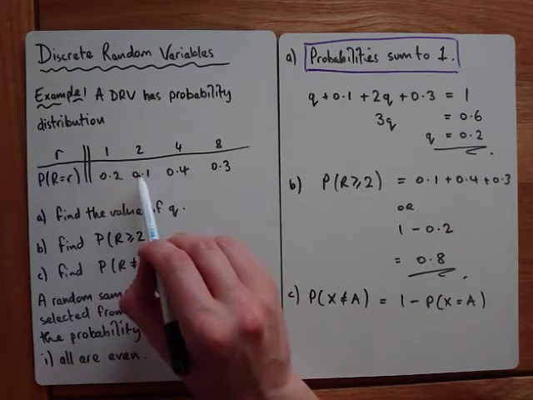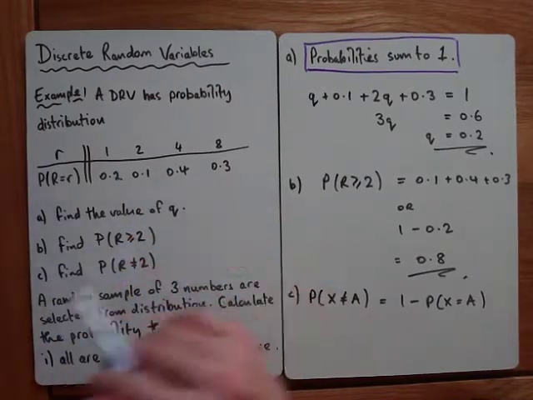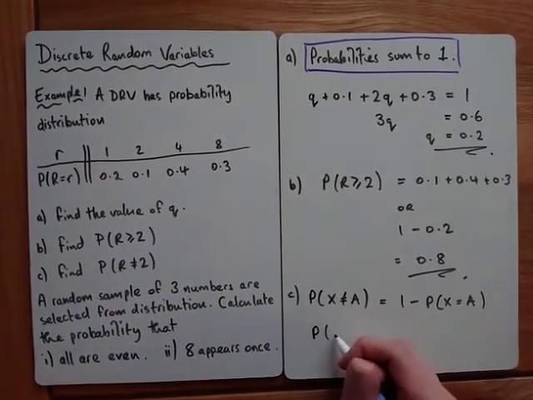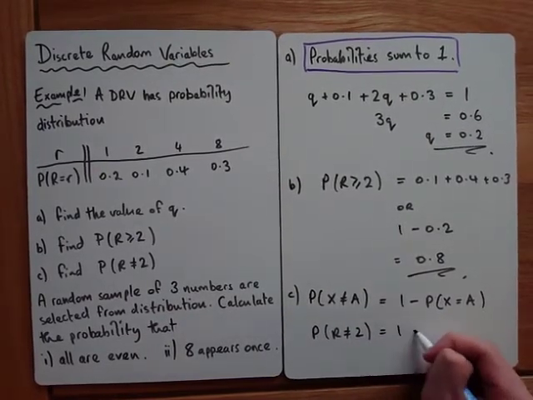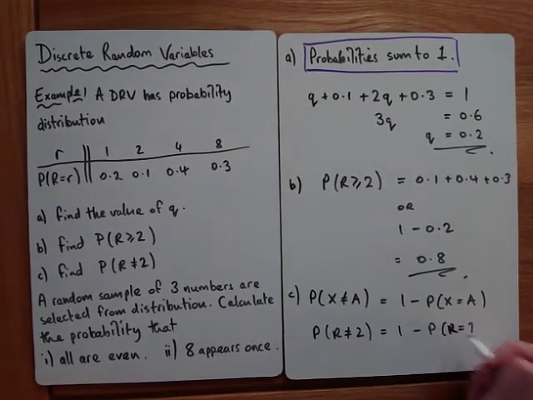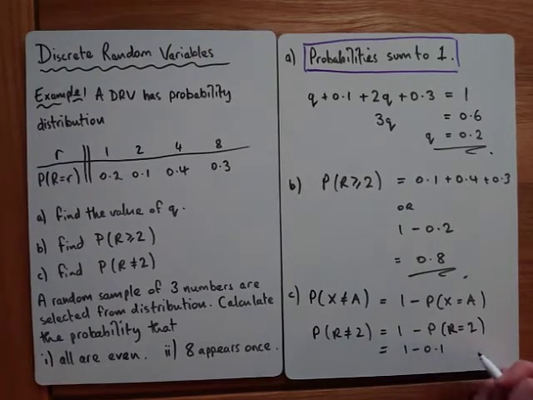The probability it is 2 is 0.1. So obviously not 2 would be everything else. So you could think about it as 1 minus the probability that it does equal 2, which would be 1 minus 0.1, 0.9.